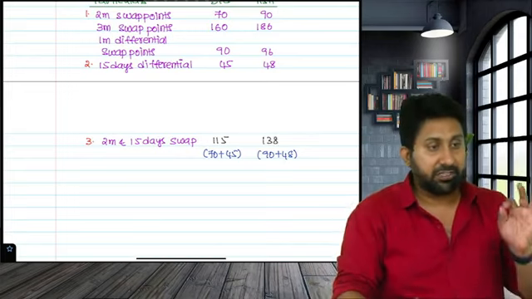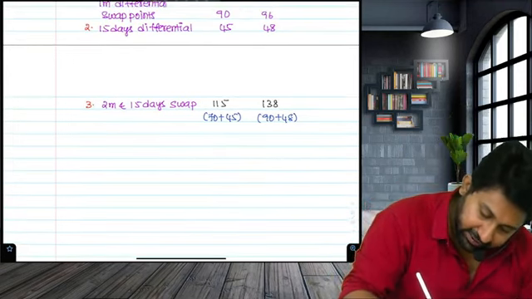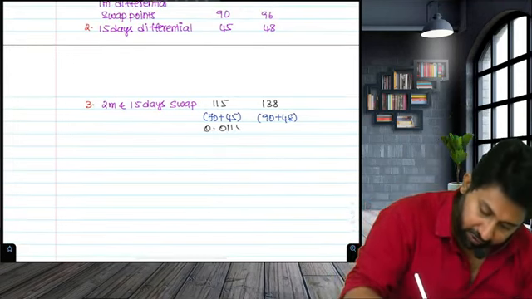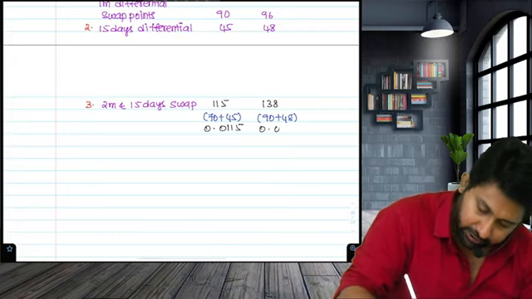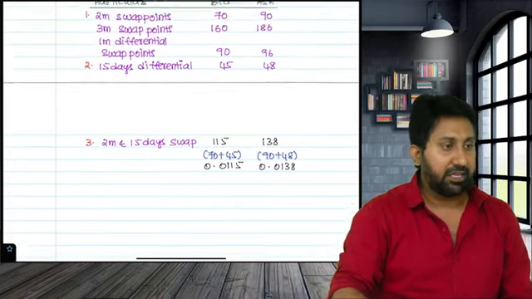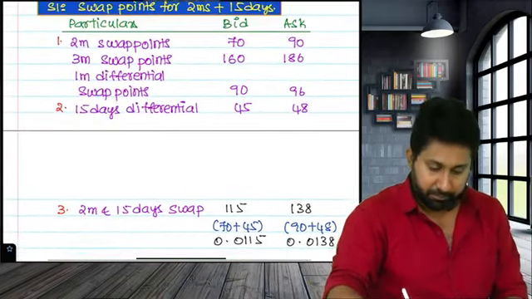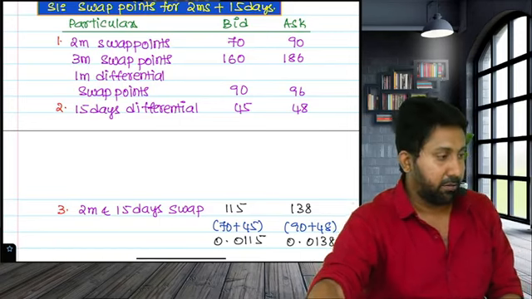This is the first point that we need to understand. This should be understood as 0.0115, 0.0138. This is the answer. This is the first answer that we calculated. Please copy down. If anyone didn't already copy, please copy down.